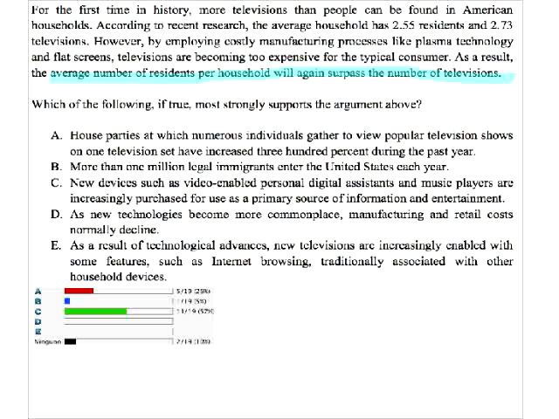And notice that unlike weakening, when you support, you don't have to support the current line of argument. All you have to do is support the conclusion. So we need more evidence that either A, residents per household will go up, or B, the number of televisions will go down.